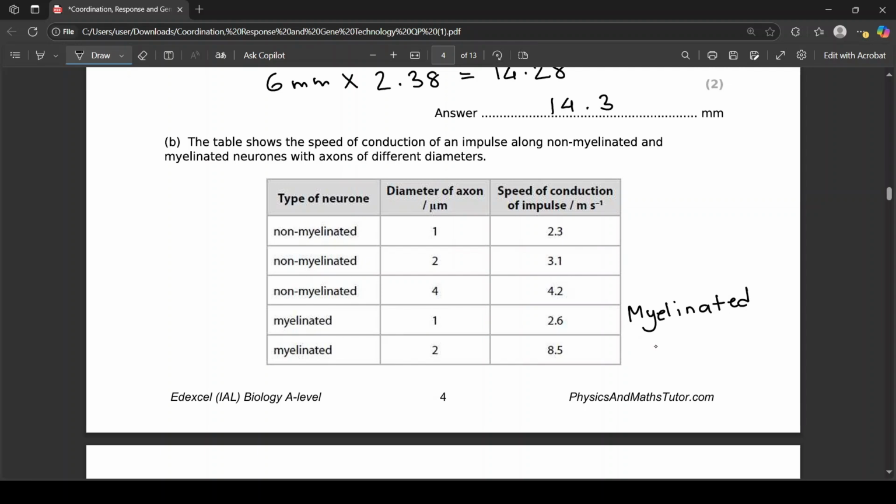So we have to calculate the mean increase in conduction per 1 micrometer increase in diameter for each type of neuron we have to calculate, okay?